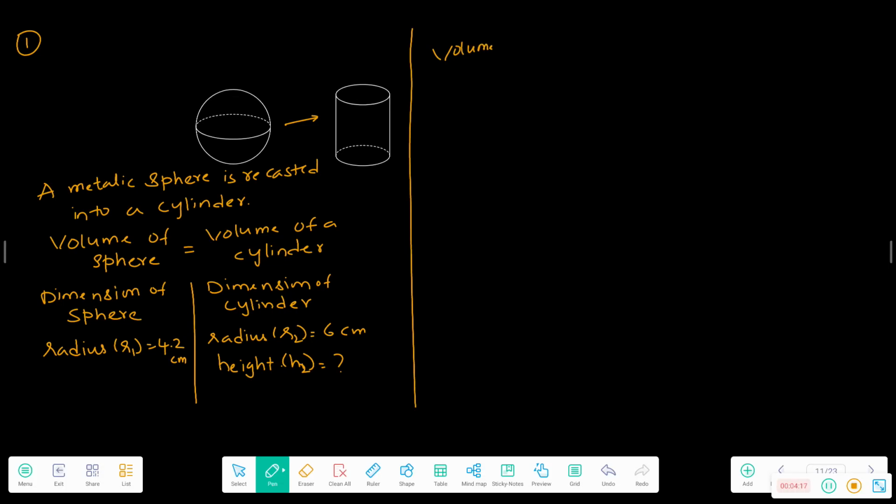Volume of sphere is equal to volume of cylinder. Volume of sphere is 4/3 pi r1 cube, and volume of cylinder is pi r2 square h2. Pi is common on both sides, you can cancel it off.